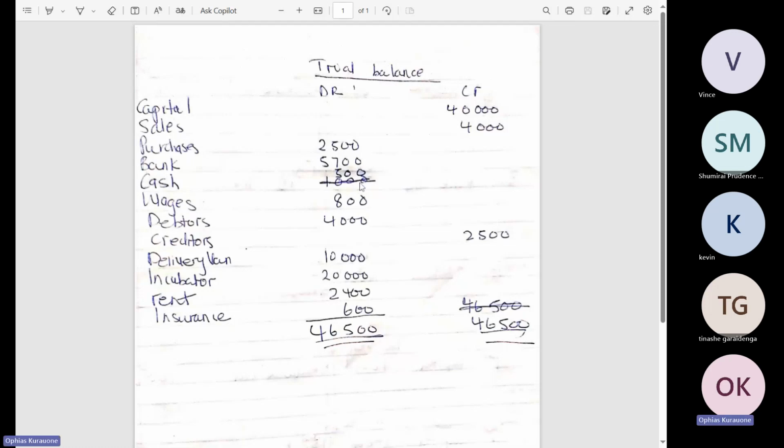Any question? It's just a revision. As we revise, we don't want to waste most of your time because we've got lots of work to do. But you need to grasp these concepts: the preparation of the ledger accounts, the trial balance, the statement of financial position, and the profit and loss account.